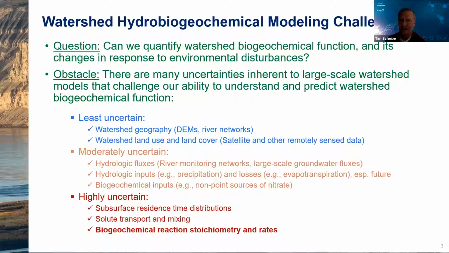Now, as you think about the things we've been talking about over the last couple of days, this is really where we focused our attention, on understanding reaction stoichiometry and reaction rates in a way that we can use in models. And if we can seriously address the spatial and temporal heterogeneity and variability of reactions that occur in natural systems across space and time, that would address probably the largest source of uncertainty in our models. And so this is really what we're aimed at.